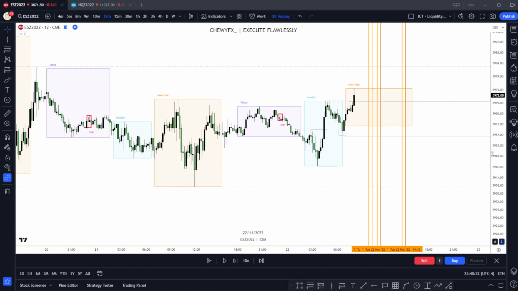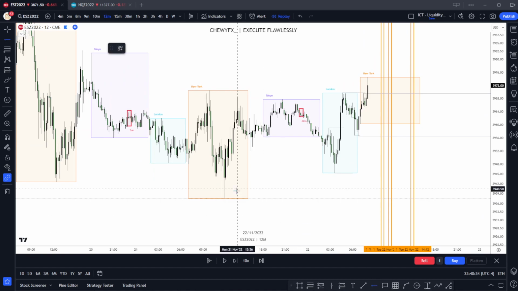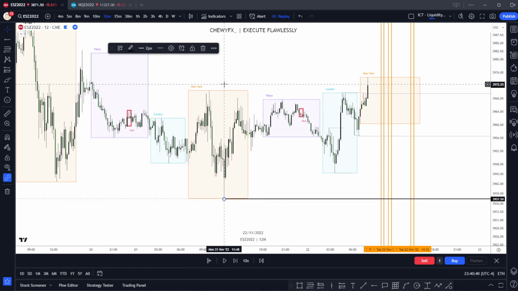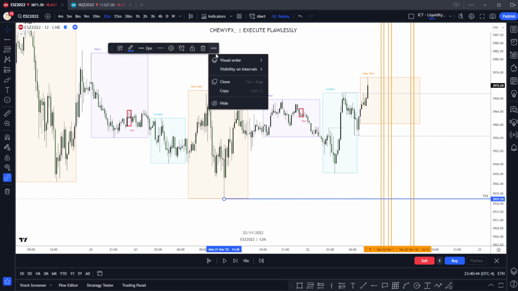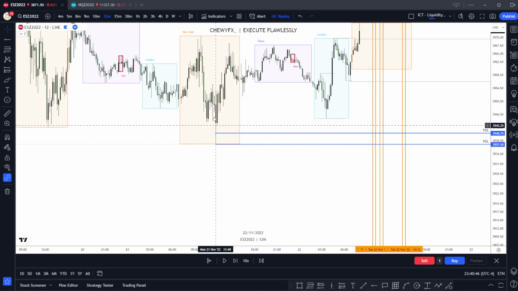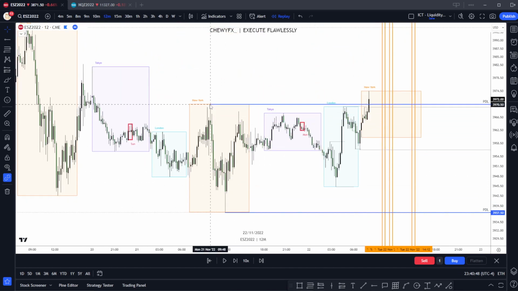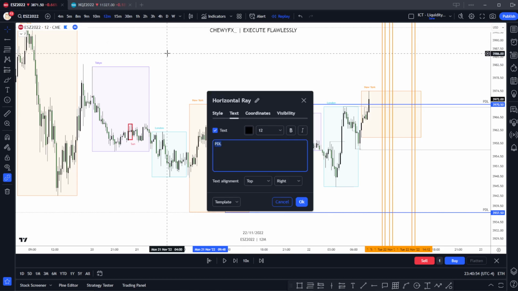So now that we have news drawn up, let's look at our daily liquidity. So let's take a look at Monday. This is the low that Monday created. And then look for our high, which seems to be swept at 8 a.m. on ES at least.